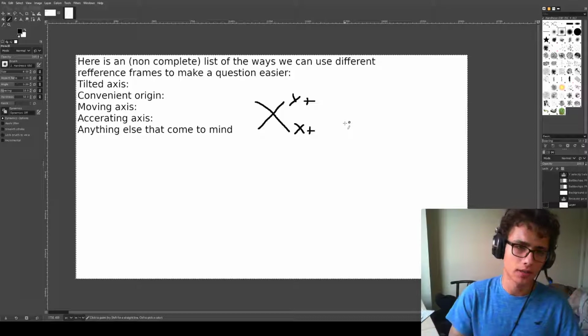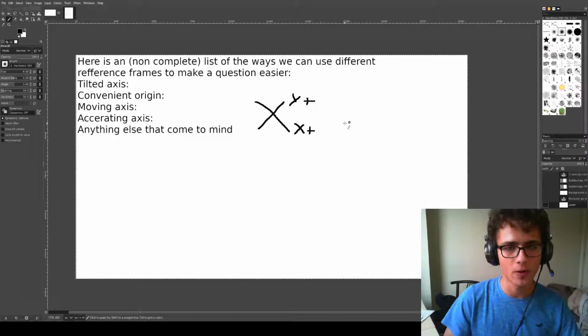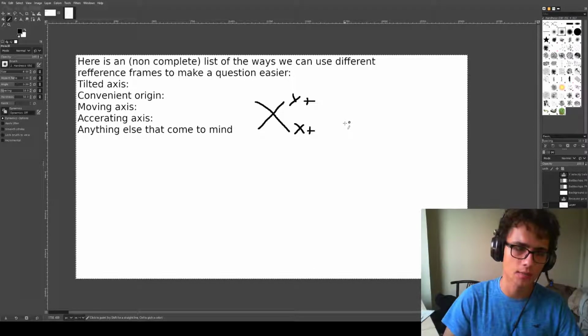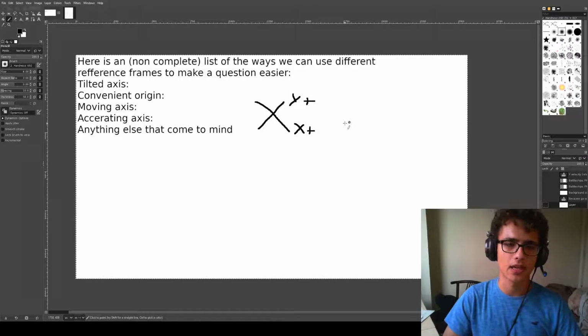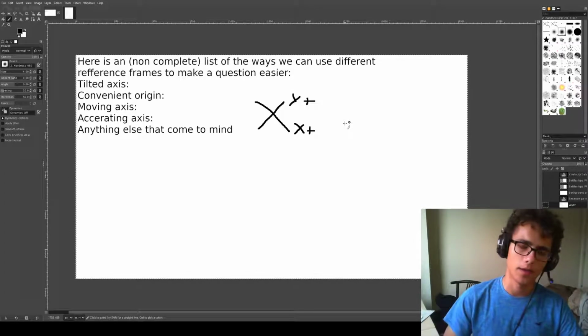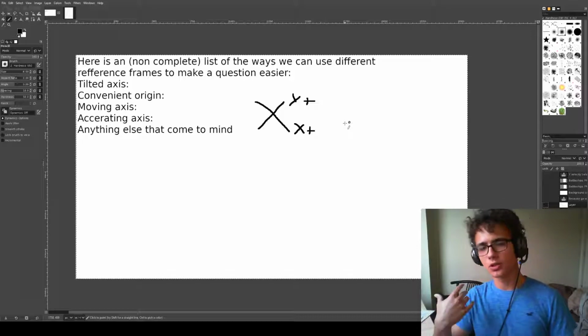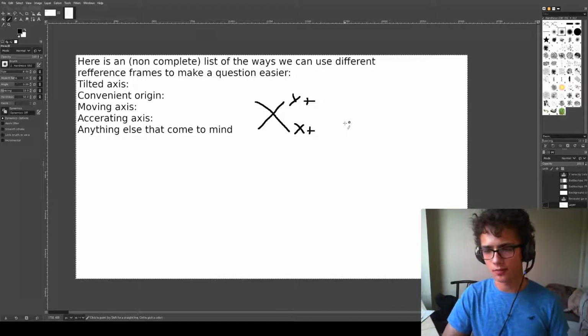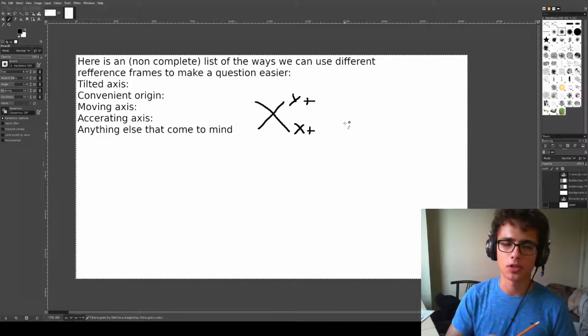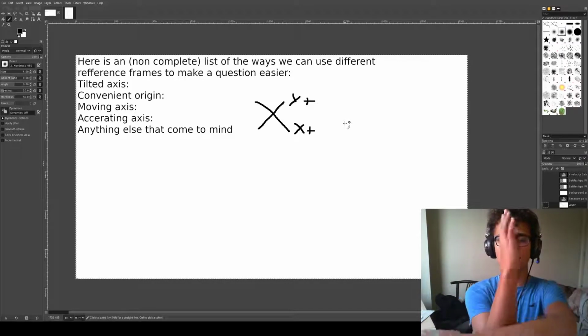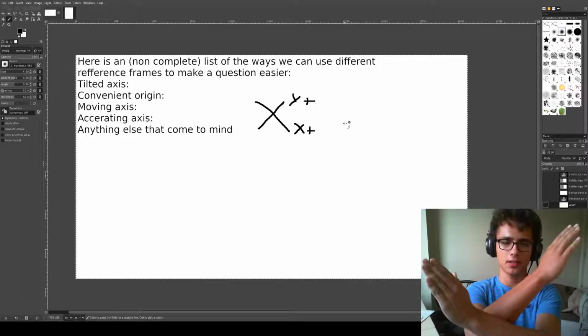So here's a non-complete, of course, list of ways that we can use different reference frames or different axes to make a question easier. We can tilt axes, which is what I'm going to use in the following example. So what this means is instead of x and y being like this, they're like this.